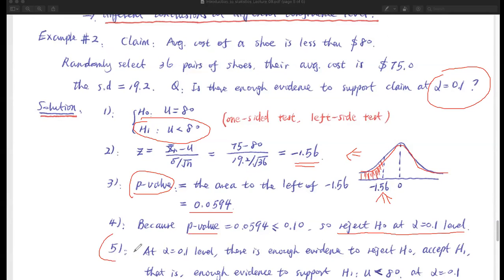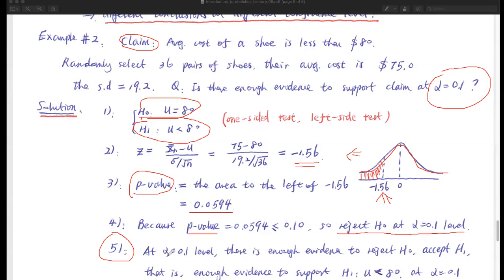Number 5 is to translate from the stats language into human language. When we say reject H0, that means accept H1. Why do I care about H1? Because H1 is the claim, remember. Reject H0 is equivalent to accept H1. H1 is right.